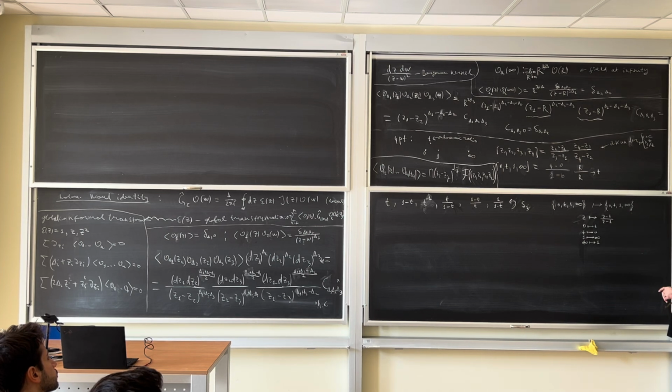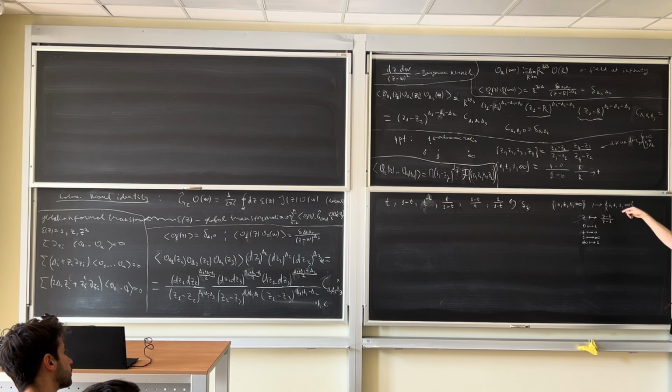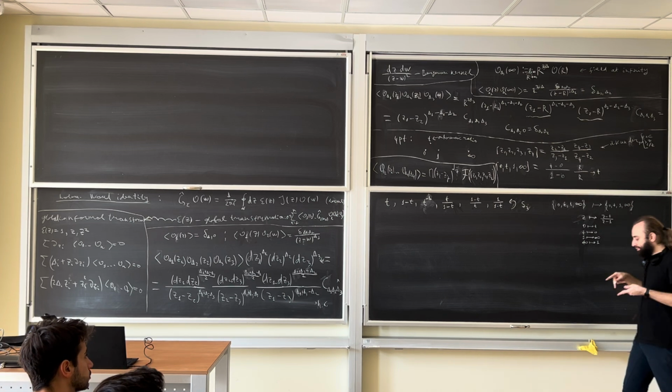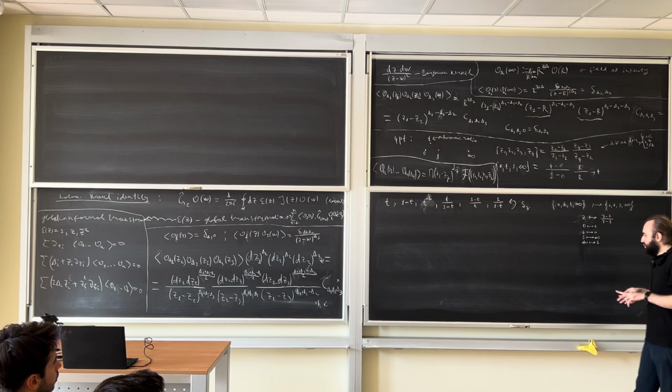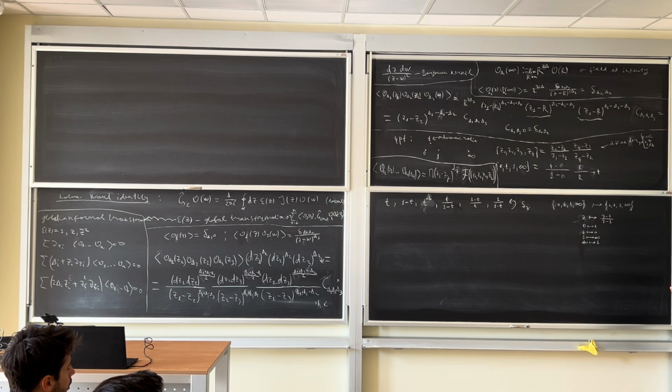So it permutes these points, permutes two pairs of them, but preserves the anharmonic ratio.